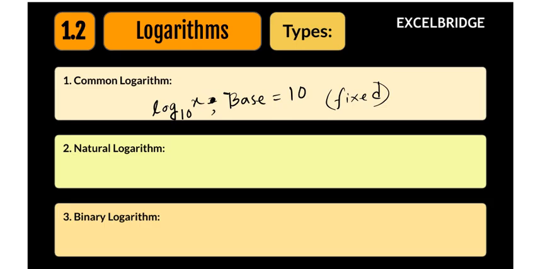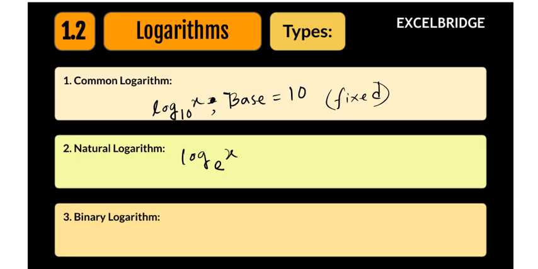Next, what is the natural logarithm? In a natural logarithm the base is e, the number which we discussed in the previous slide when we discussed natural exponentials.